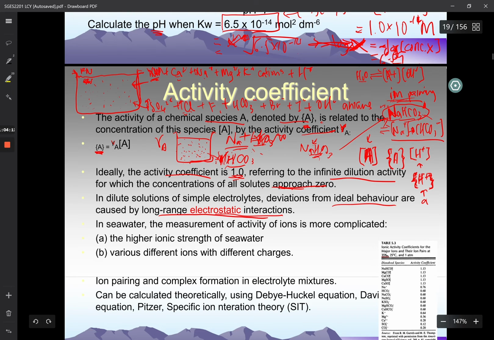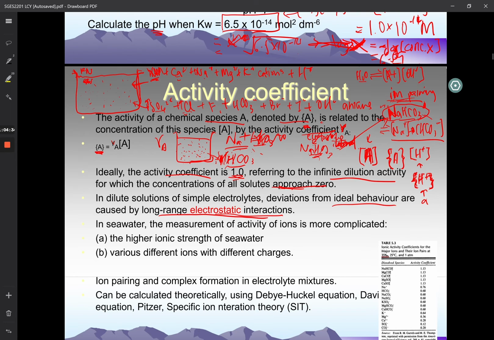The transient bonding between sodium and bicarbonate, for example, this ion pair, is actually an electrostatic bond, which is a very weak type of bonding.